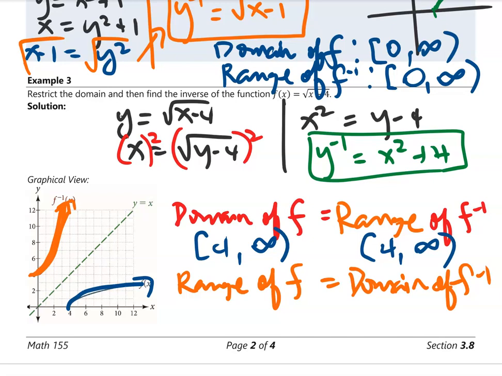The range of this blue graph here is, yes, from 0 to positive infinity. So that is the same thing as the domain of this, from 0 to positive infinity. Okay.